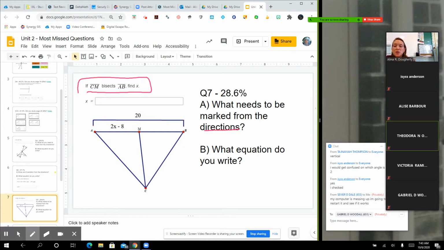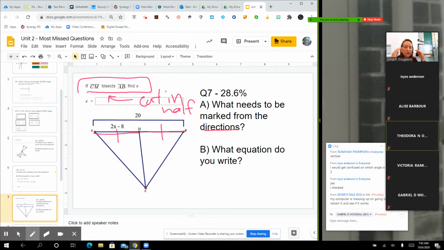It does. So bisect means to cut in half, right? So where are the two equal parts? If CM is the knife that cuts the string AB in half, what are my two new parts? AM and MB. So AM is congruent to MB.